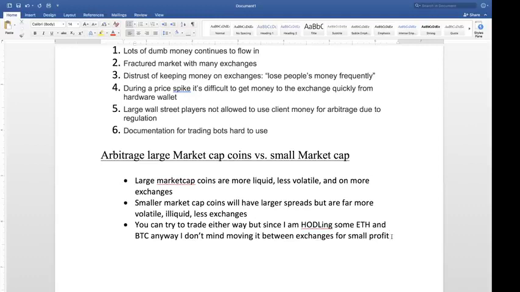So you could have someone only dump a few $1,000s of an altcoin, and it could really screw up your arbitrage trade if that coin is en route to a specific exchange to sell it.